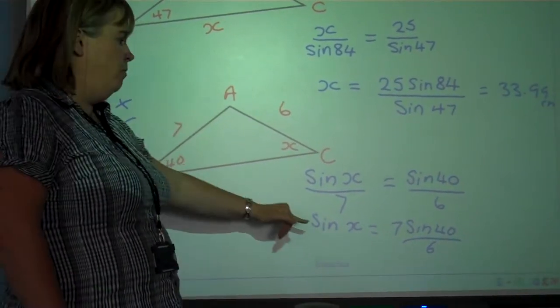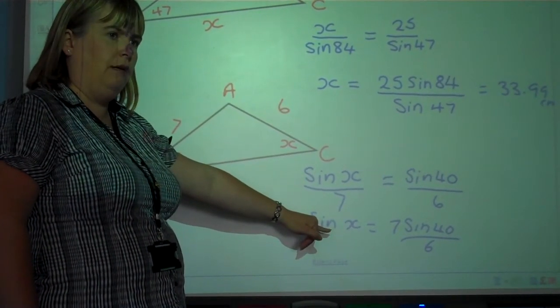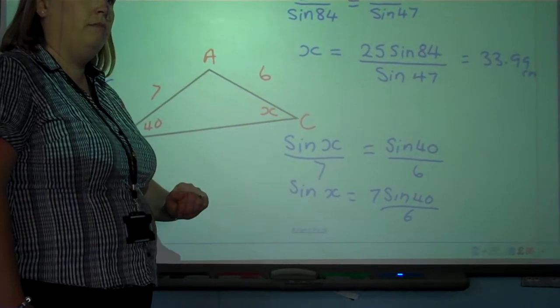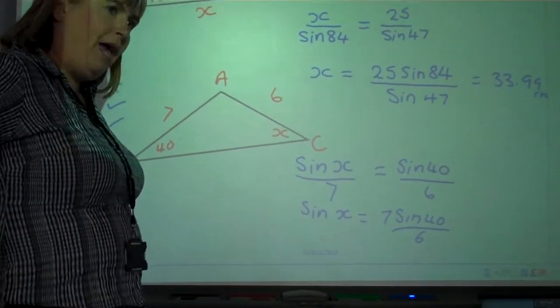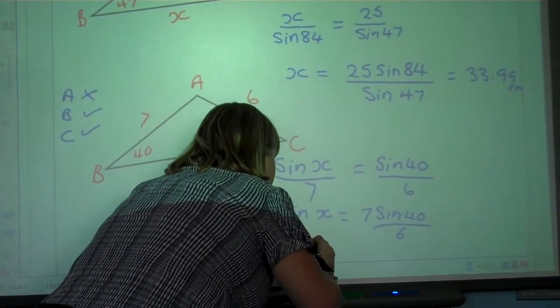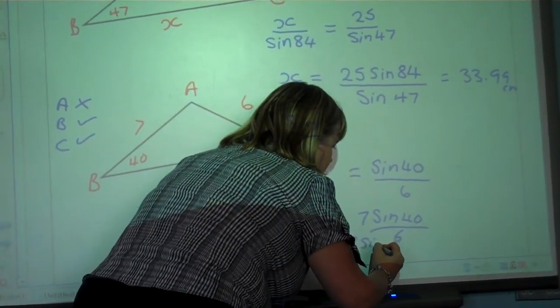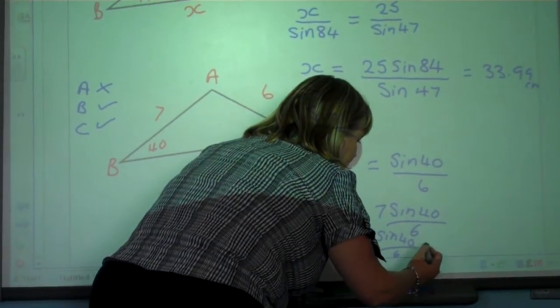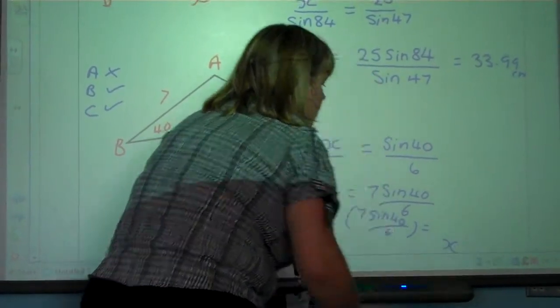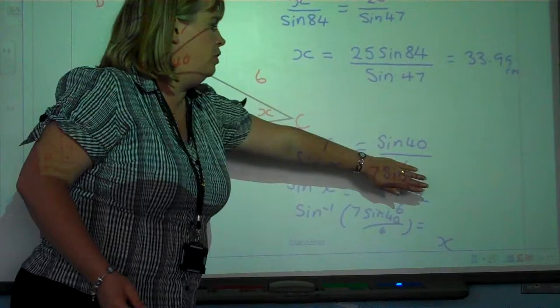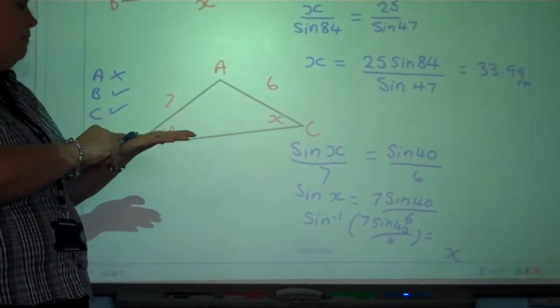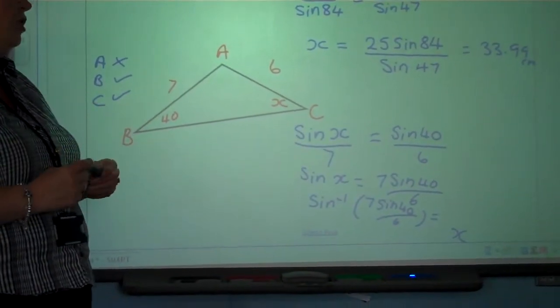Now, do second function and sine, so you've got your inverse sine, and press answer. Bring your previous answer up. So you want inverse sine, and although I'm putting this in the bracket here for you, 7 sine 40 divided by 6, you understand that if you do that, then second function sine answer, you'll get it. What do you get?